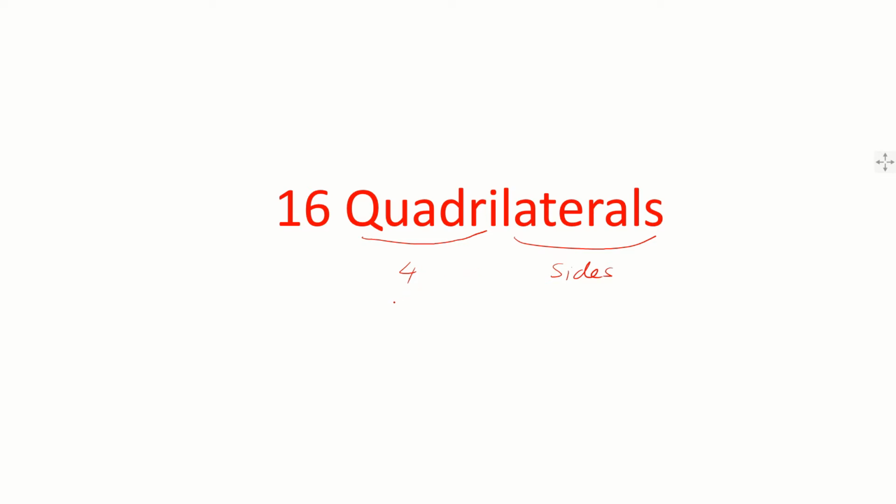This is about figures in mathematics having 4 sides, which are named as quadrilaterals. Okay, so let us try to understand this in a better way.